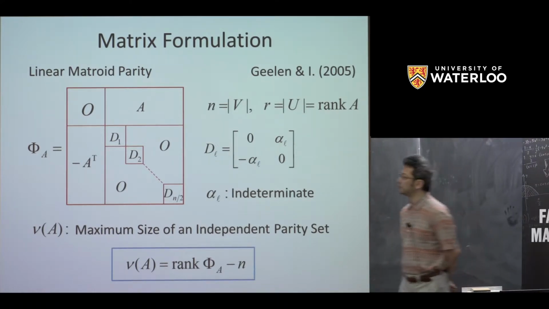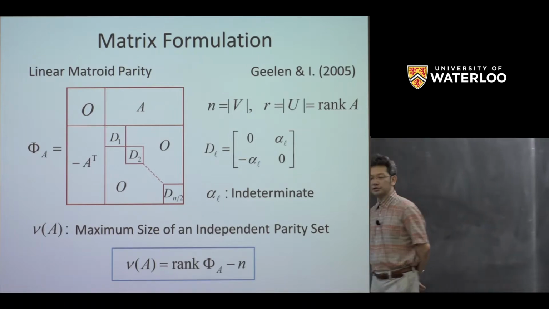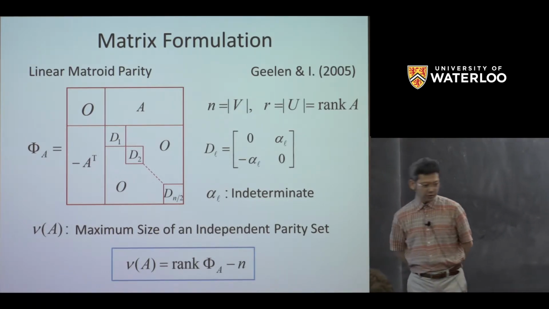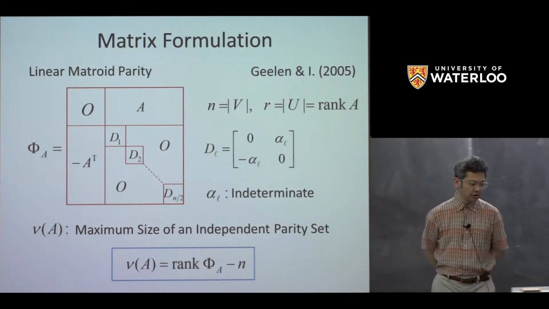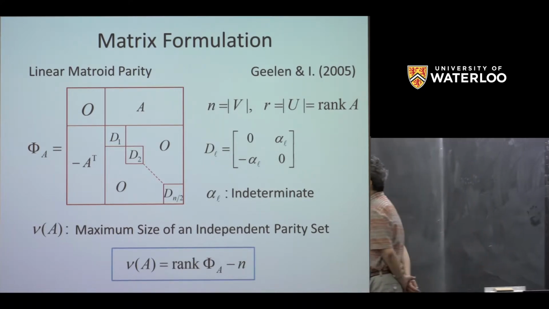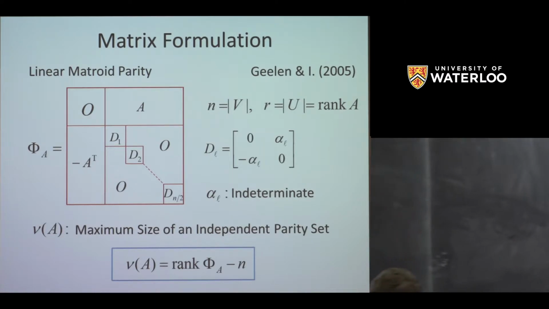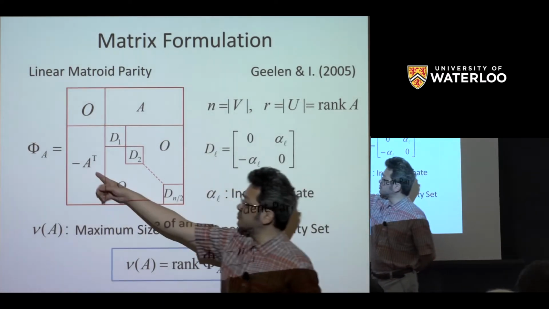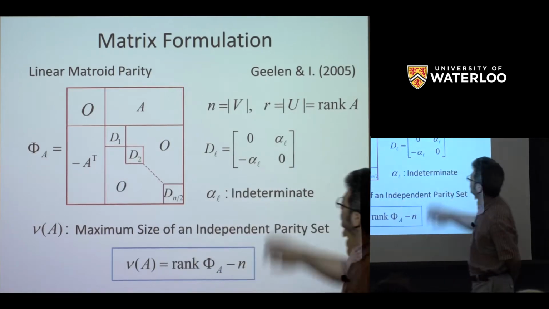The starting point is a skew-symmetric matrix formulation of the linear matroid parity problem, which was introduced in my joint paper with Jim Geelen. Here is a matrix A that is given, and we consider the minus A transpose.